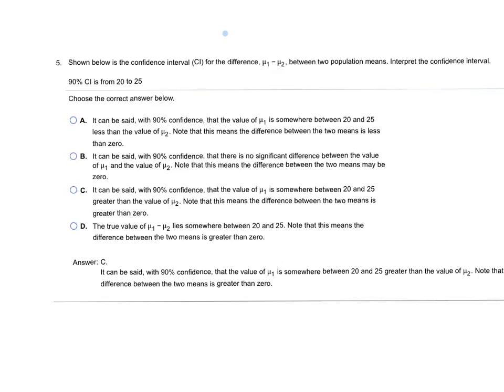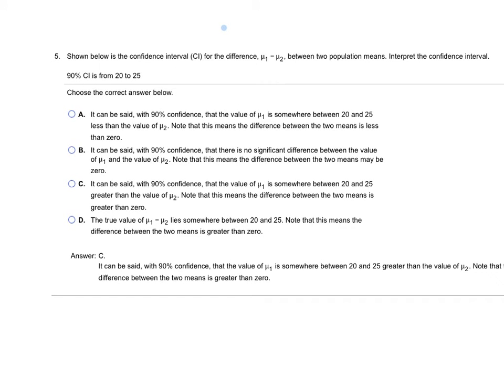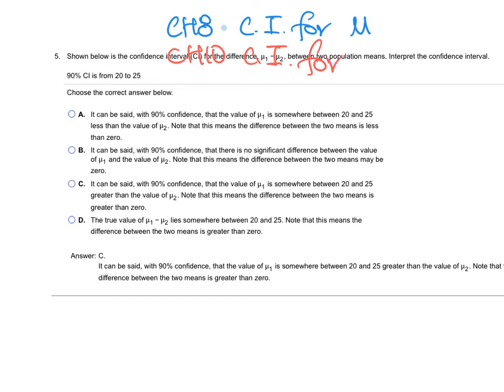And now in number 5. In chapter 8, we discussed the confidence interval for the mu. But now in chapter 10, we are going to discuss the confidence interval as well for the mean difference. Before in chapters 8 and 9, we had only 1 sample, so we had only 1 population mean.